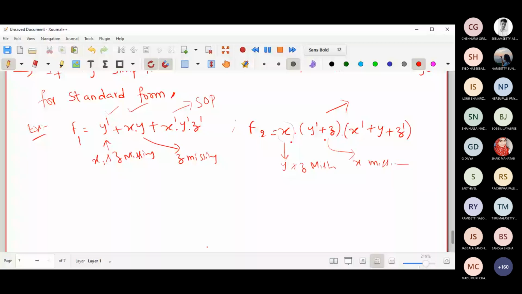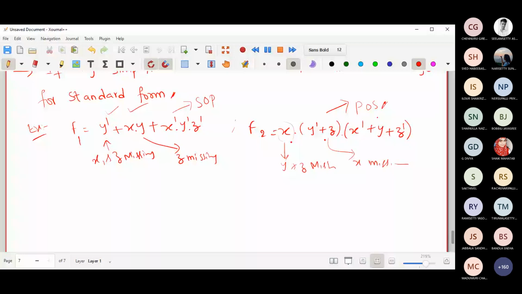If variables are not missing, that is a canonical form. If variables are missing, that is a standard form. But this is purely the product of sums form. This is actually POS. Sum terms will be there, and at last you have to do product. That's why we call it a product of sums.